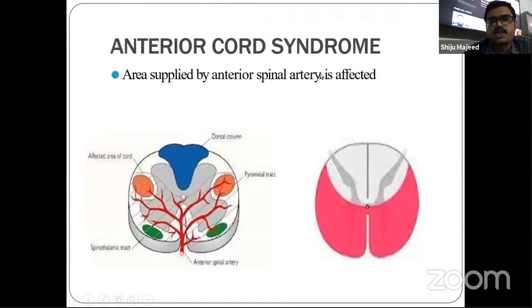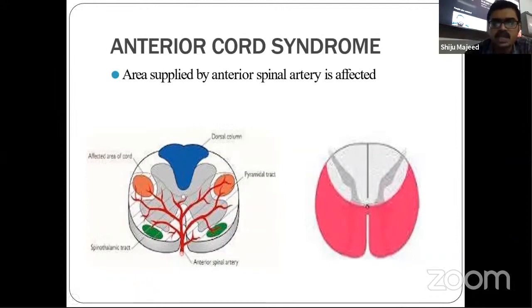Then what is the anterior spinal syndrome? See, you know that the anterior spinal artery supplies the anterior 2/3 of the spinal cord. The posterior 1/3 is supplied by the posterior spinal artery. So suppose you get an occlusion in the anterior spinal artery, the anterior 2/3 of the spinal cord becomes ischemic. So all the tracts that are in the anterior part get involved, while the posterior part of the spinal cord, which is the dorsal column, is spared.